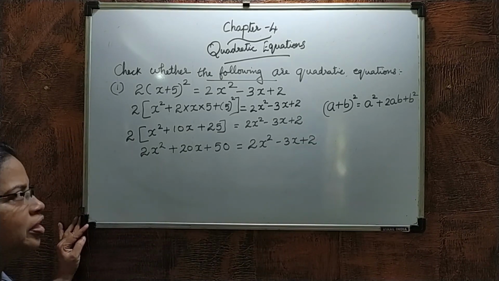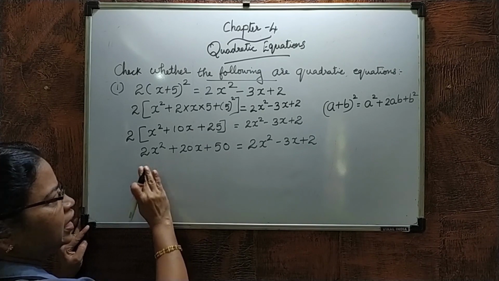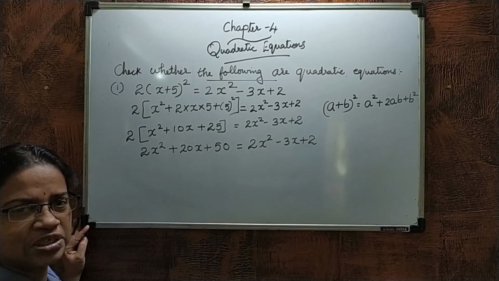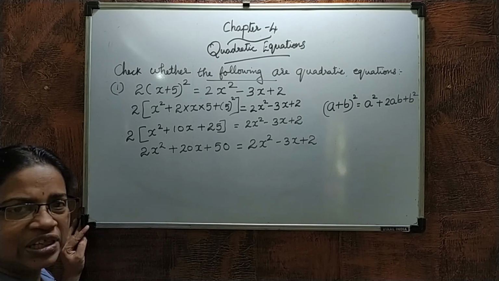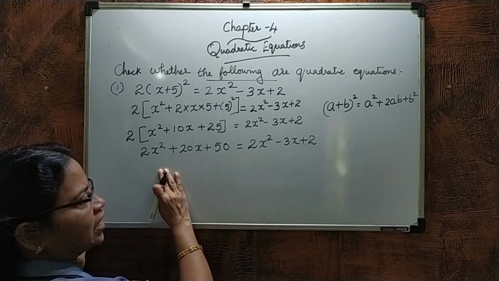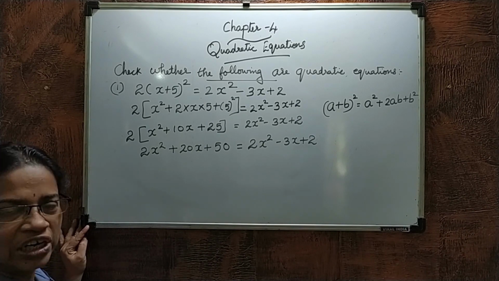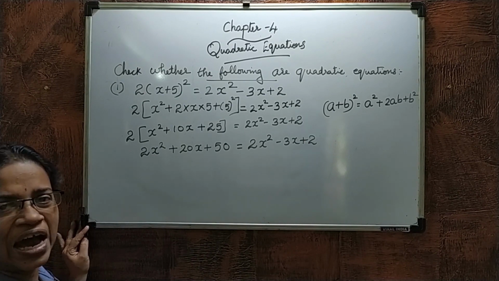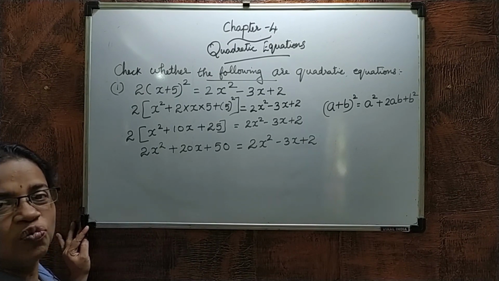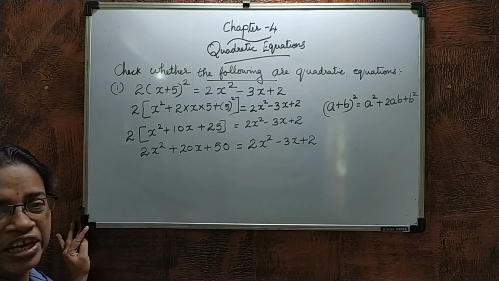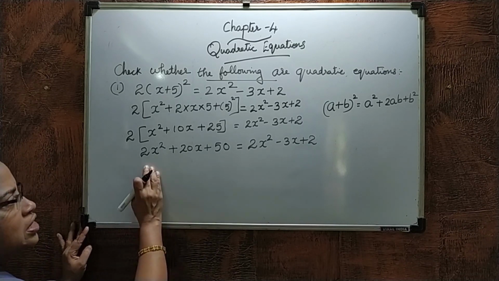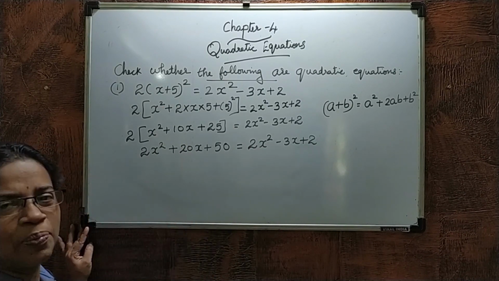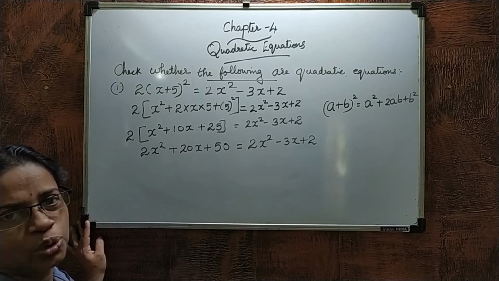Now the thing you have to remember is that if any terms are the same with the numbers, with the variables, with the exponents and with the sign, in both the sides, you can cancel. Here 2x square is there. When you take this 2x square to this side, it will be minus 2x square.